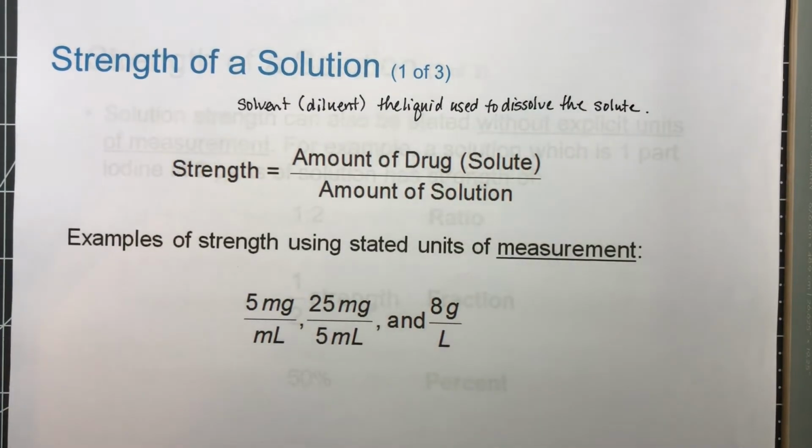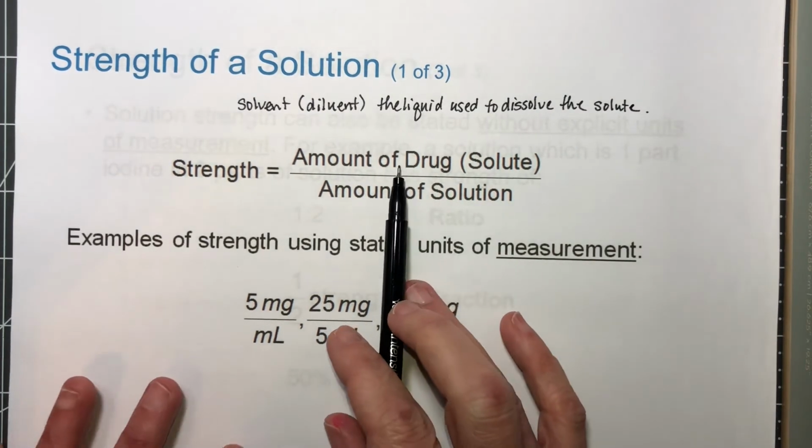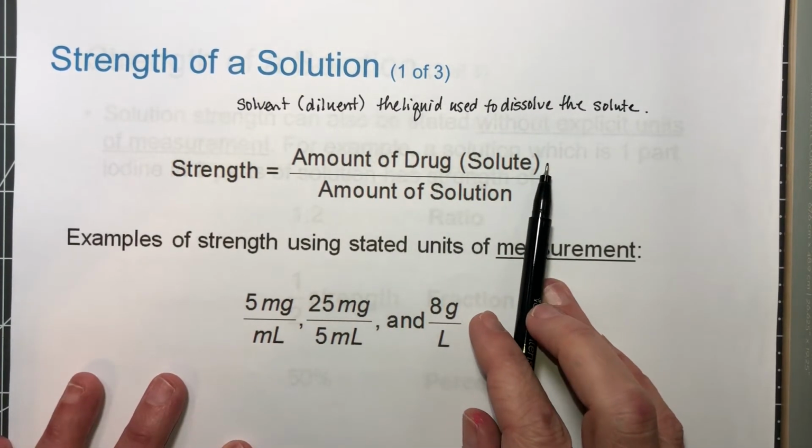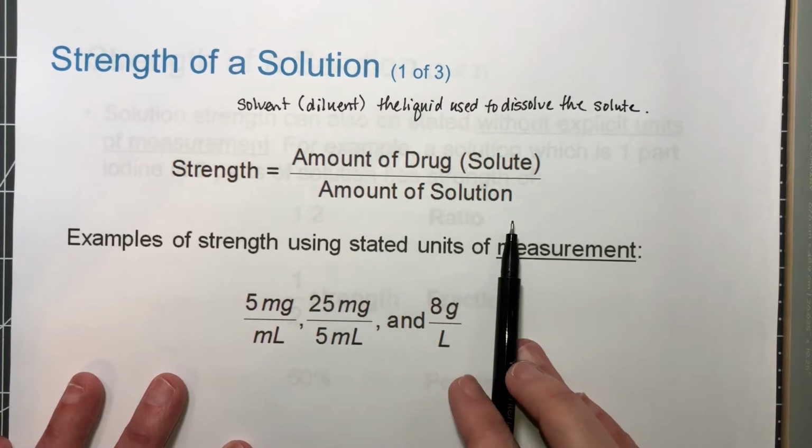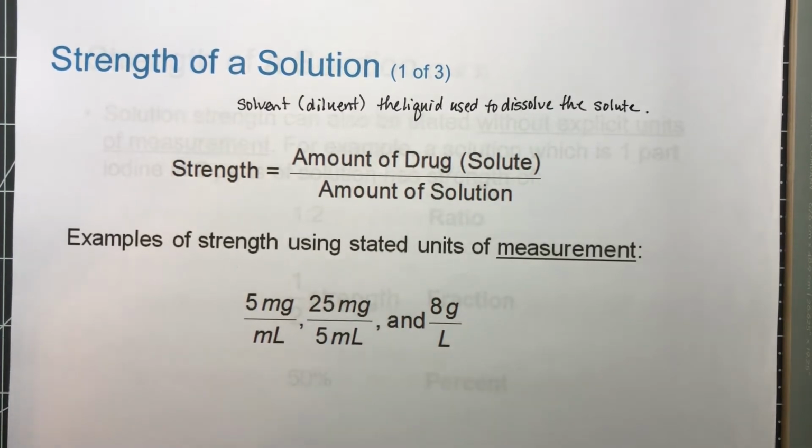Okay, so that's usually something like sterile water or normal saline. Okay, so we're always going to take the amount of the drug, whatever it is we're trying to mix up, over the amount that we're supposed to end up with.